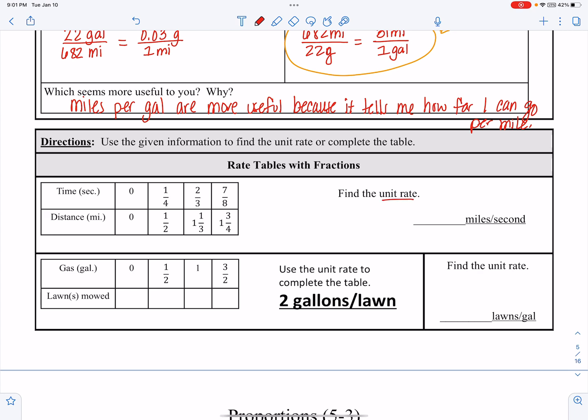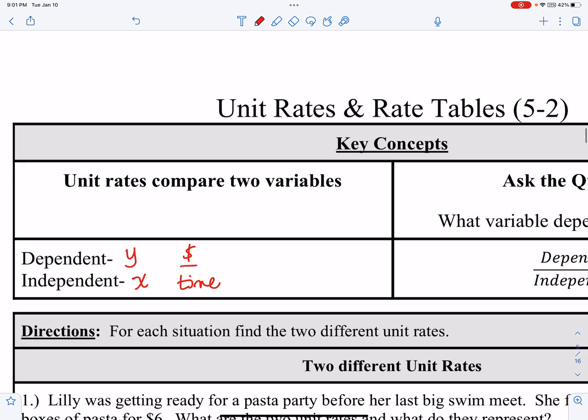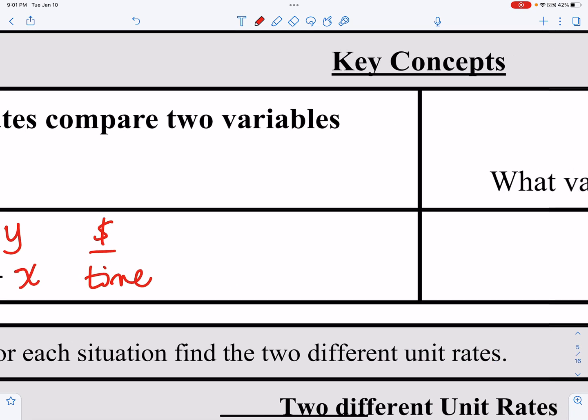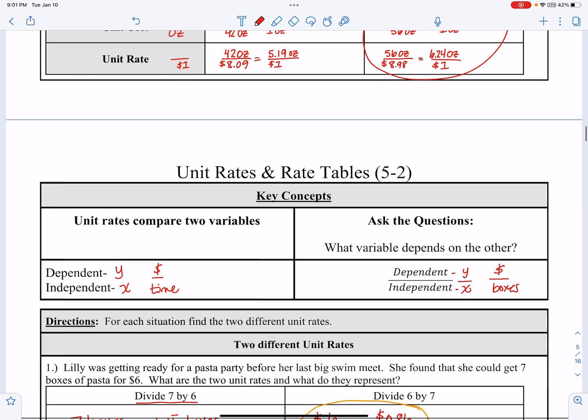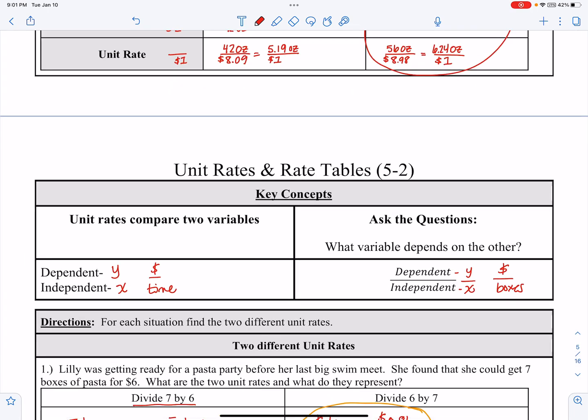It says, I want you to find the unit rate for this particular table, but they want you to find it in miles per second. Okay. And so we talked about up here that the top is always going to be the dependent. So the top is going to be our y, and the bottom is going to be our x.